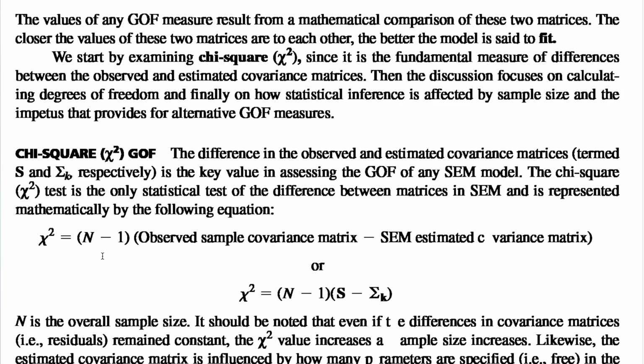The chi-square test is the only statistical test of the difference between the matrices in structural equation modeling, and it is represented mathematically by the following equation: chi-square is computed from the observed covariance matrix and the estimated covariance matrix.